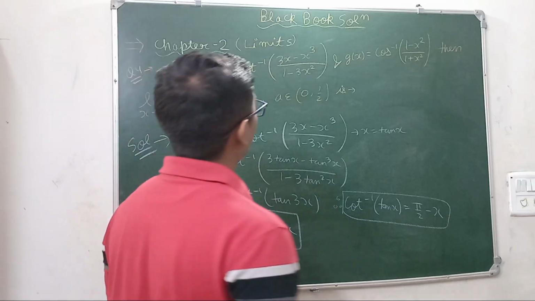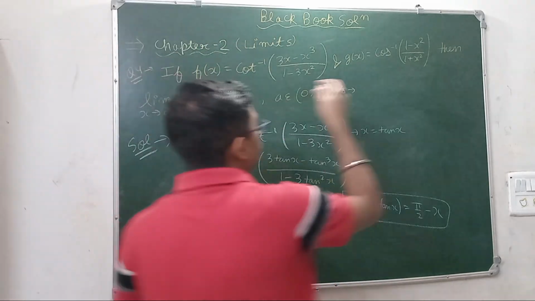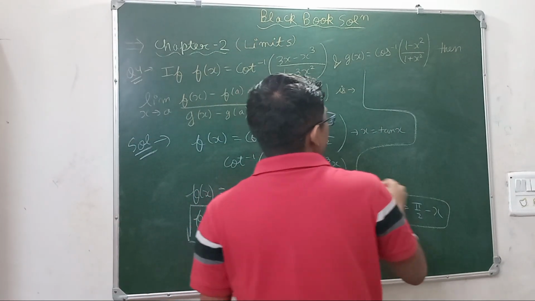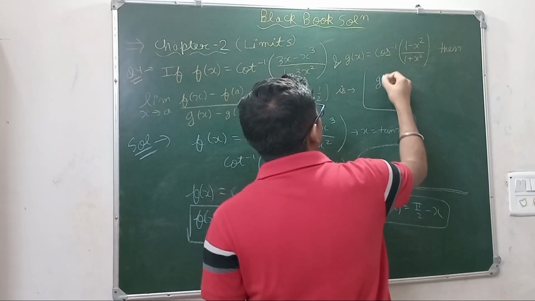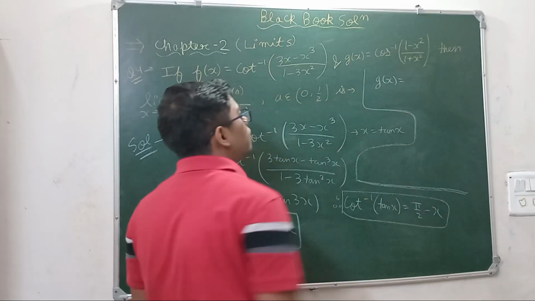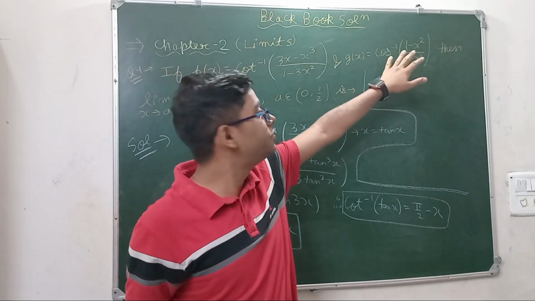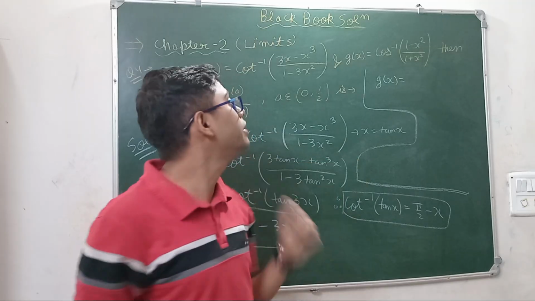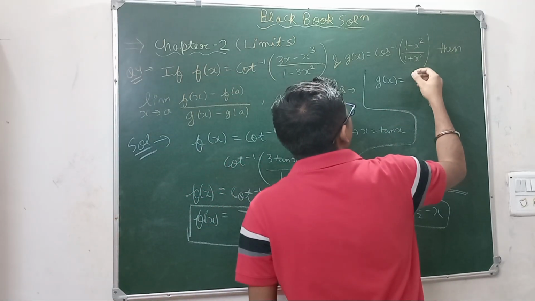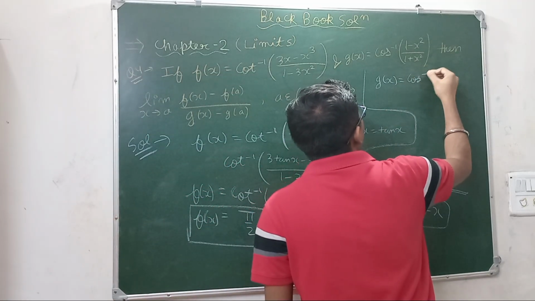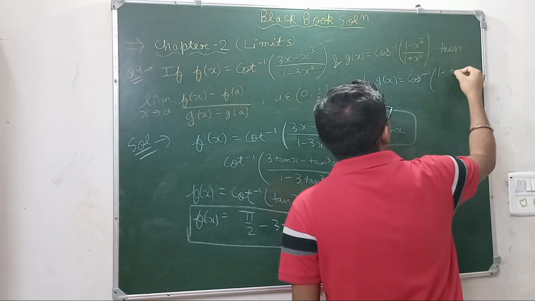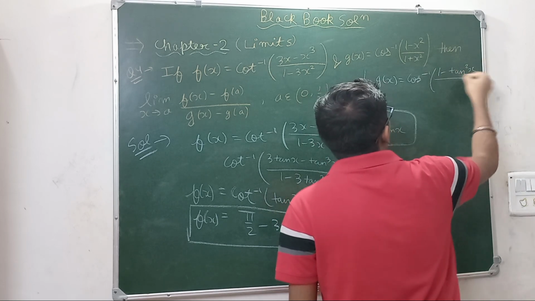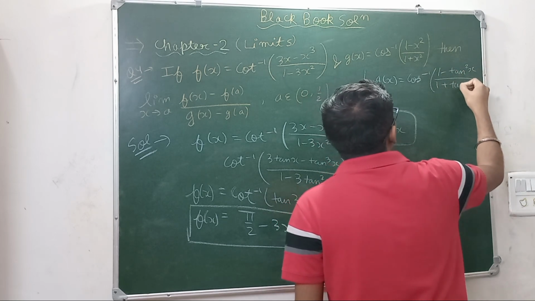Okay. Now taking out the function gx. One more thing, you can substitute x equal to tan x one more time here. So this will become cos inverse 1 minus tan square x upon 1 plus tan square x.